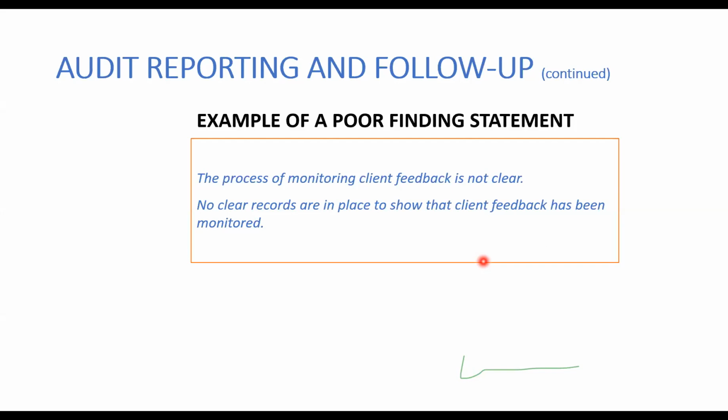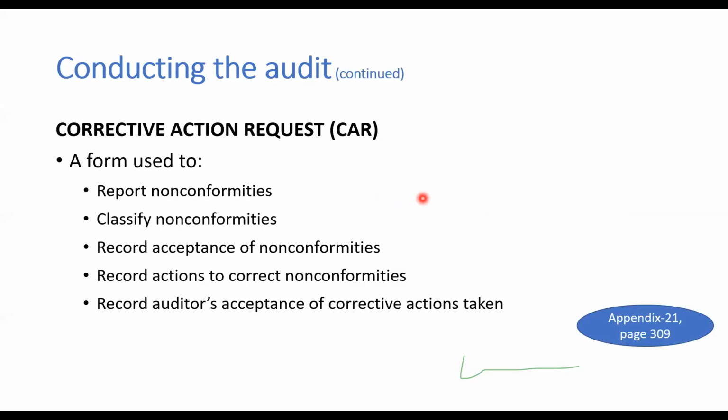But where is the requirement written to have this feedback available? What is the evidence which you are going to see? Why have you identified this as a non-conformance? What evidence have you seen? So in our finding, the overview of the finding, the evidence, and the requirement are the 3 mandatory parts which should always be available.